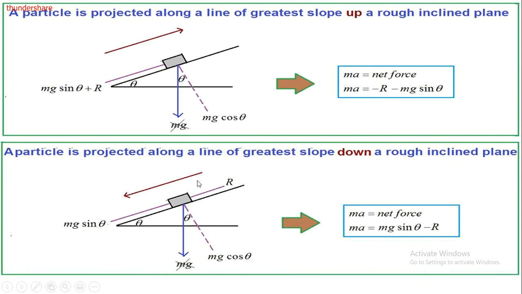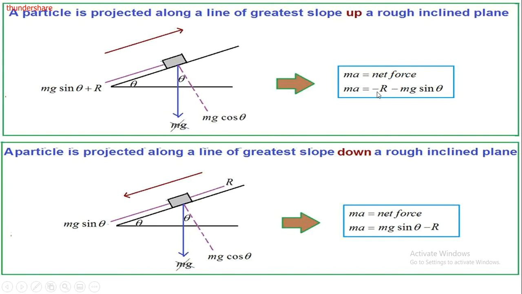If a particle is projected along the line of greatest slope upward, we just say ma equals net force. Okay, so ma equals, what is the force trying to make the body move upward? Nothing. There is no force. It is inertia, as you know. So it is the same as a body projected vertically up, but with angle theta here.